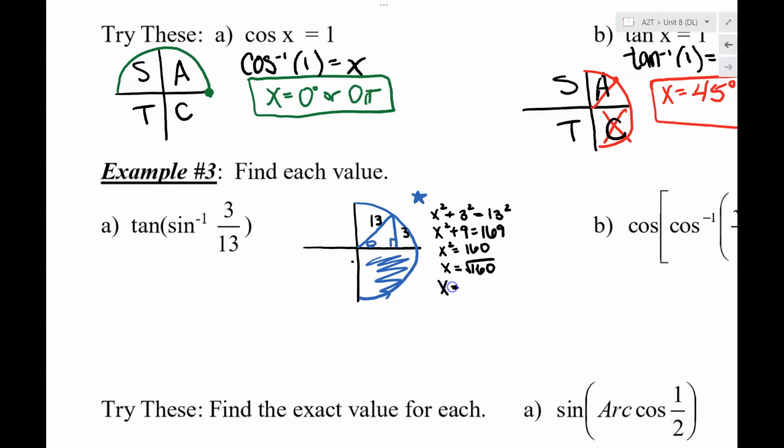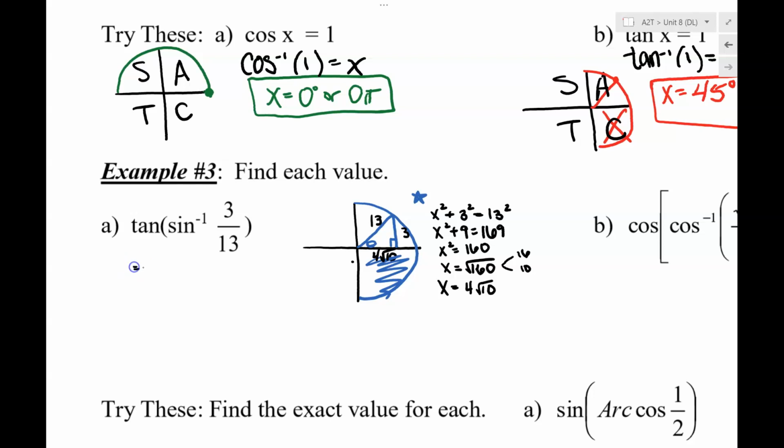And we have to make sure that we simplify. This could be 16 times 10, so that means it is 4 rad 10. If you need to write on your notes, always, always, always simplify. It's so important. So how does this help us? Well, we don't know what theta is, and we're not using our calculators because it doesn't matter.